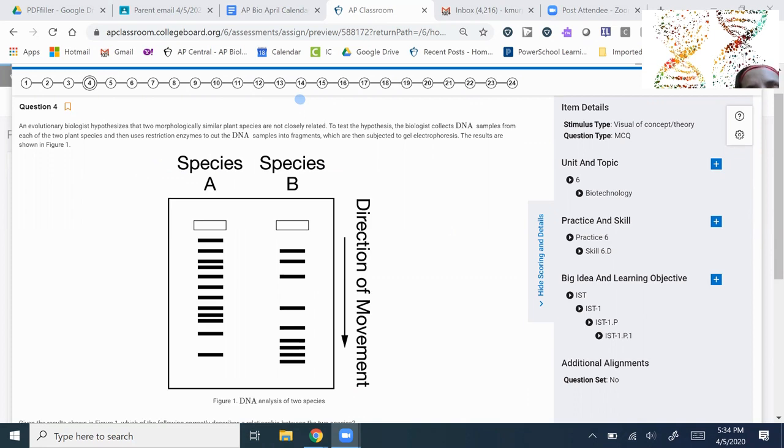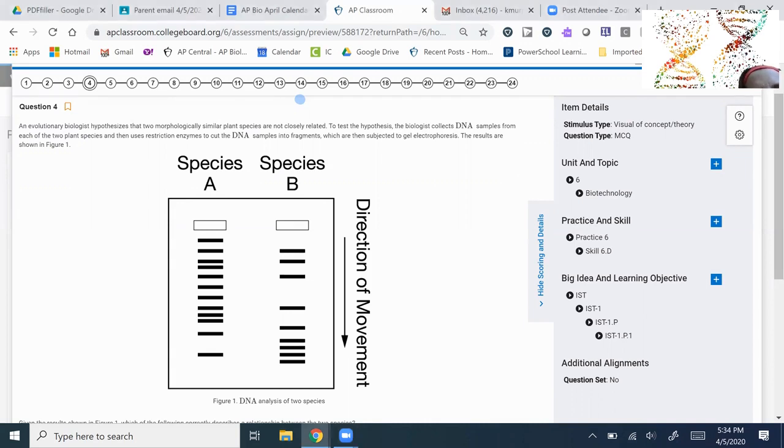To test the hypothesis, the biologist collects DNA samples from each of the two plant species, then uses restriction enzymes to cut the DNA samples into fragments, which are then subjected to gel electrophoresis. All right, so you get these species, restriction enzyme cuts them, they're running the gel. The results are shown here.